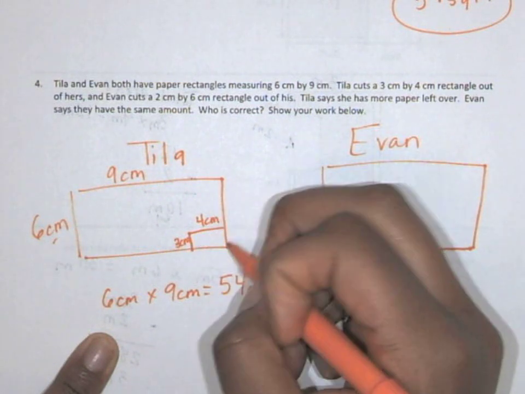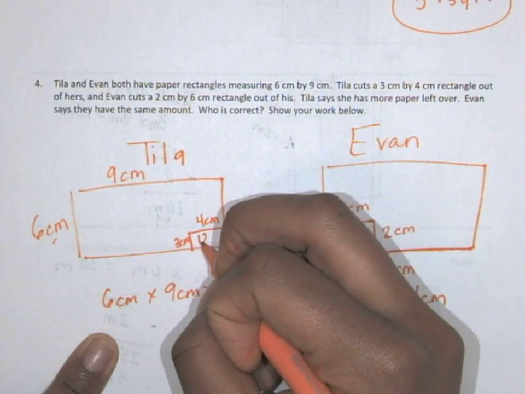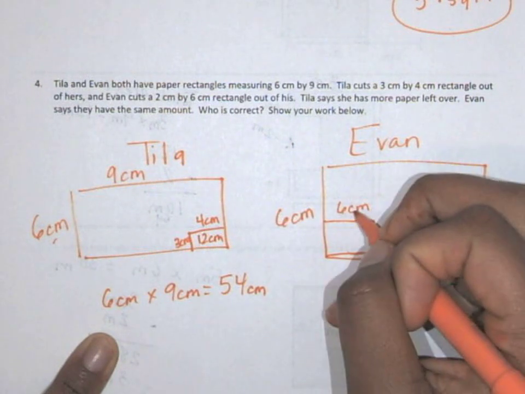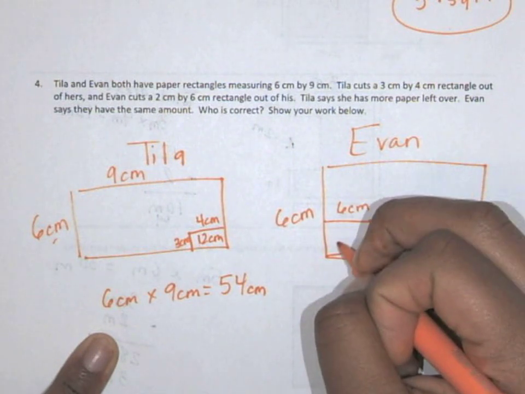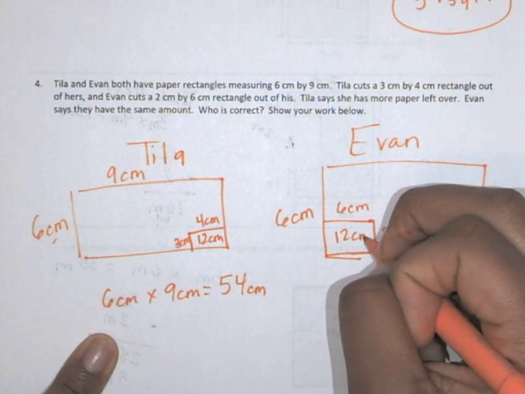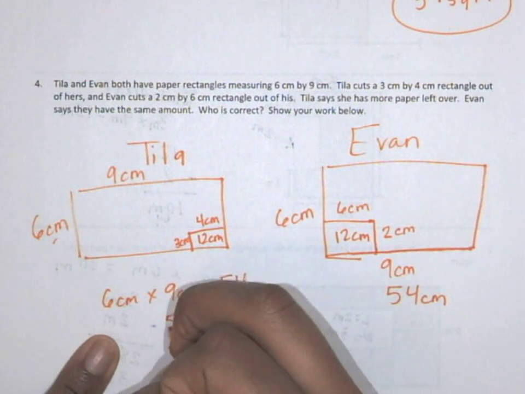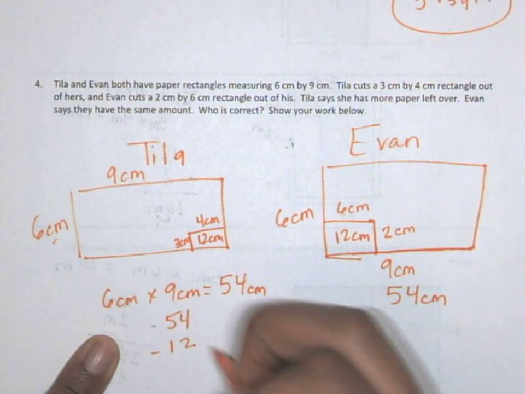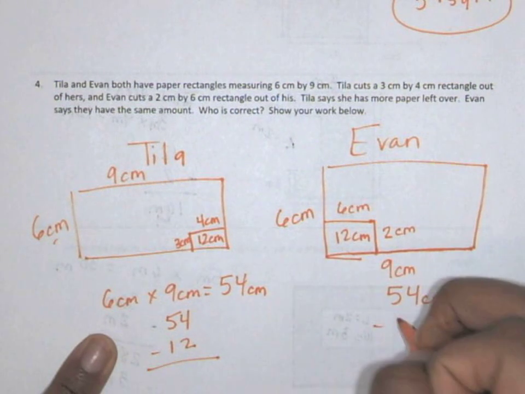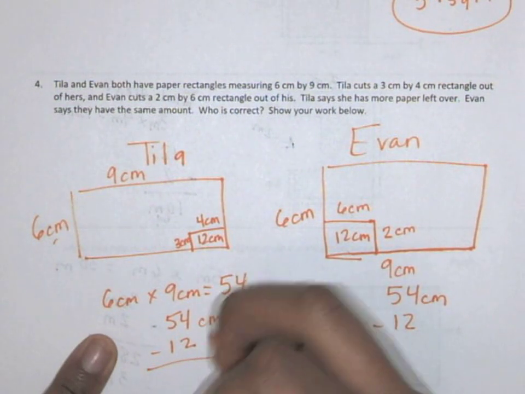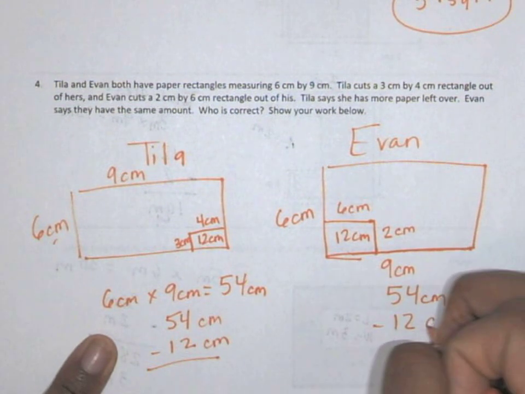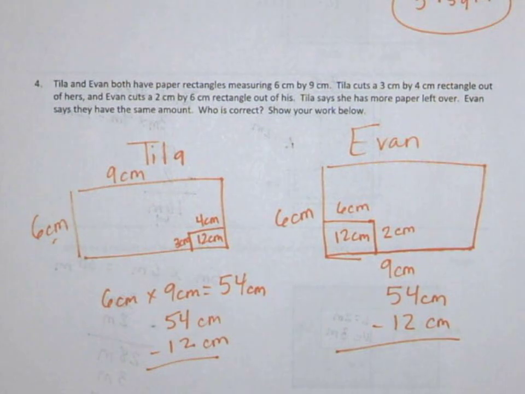Tila has 3 times 4, which is 12. And Evan has 6 times 2, which also equals 12. So they both are solving 54 minus 12. Go ahead and solve that.